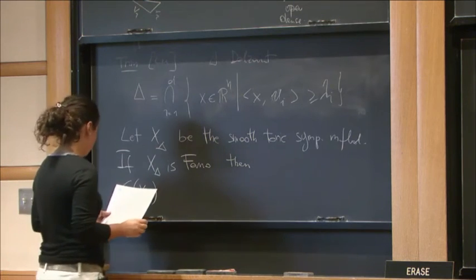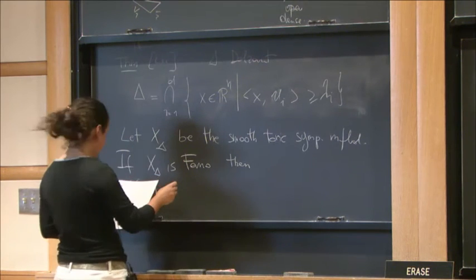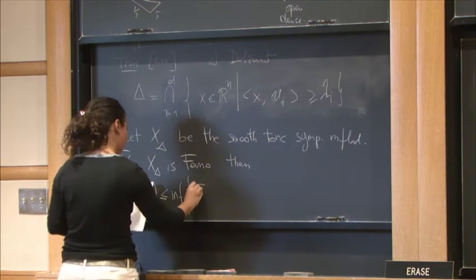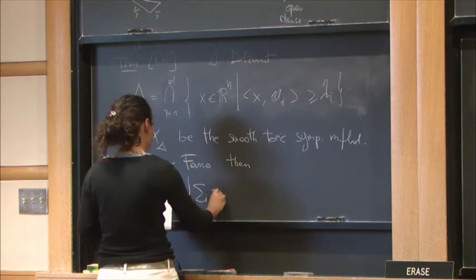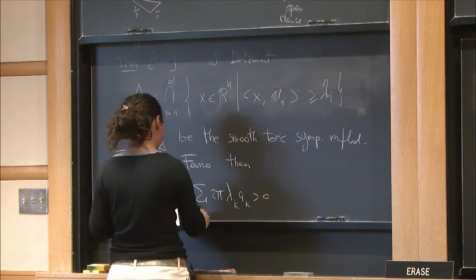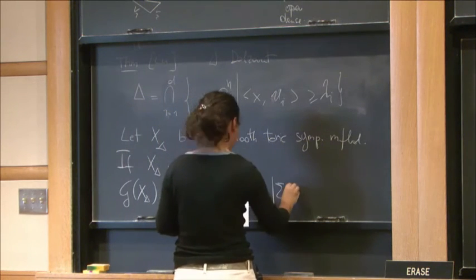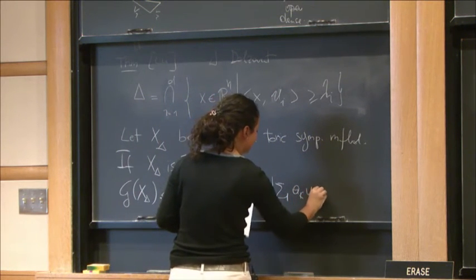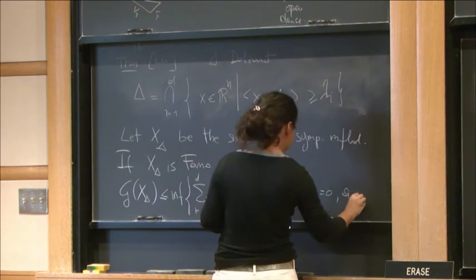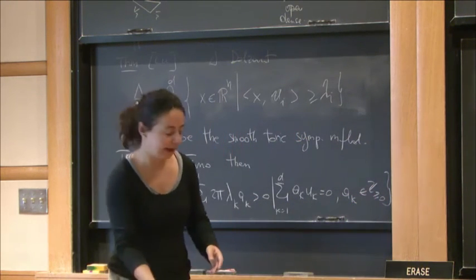It is smaller or equal, I will comment a bit on that example, than the infimum of the sum of 2 pi lambda_k a_k, with a_k positive, such that the sum of a_k u_k equals 0, and where these a_k are positive integers. Okay, written down the theorem, very good.